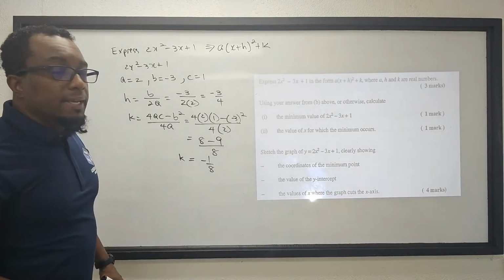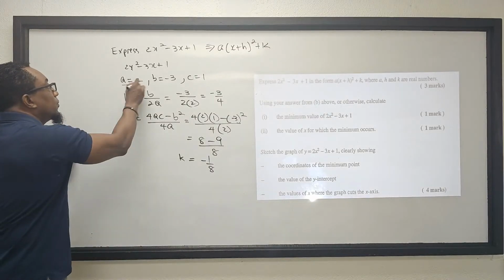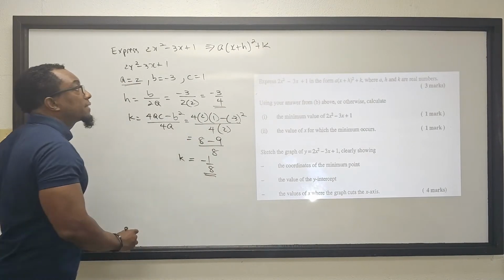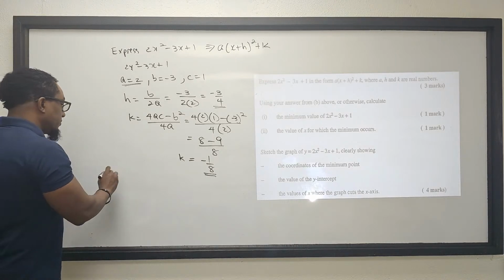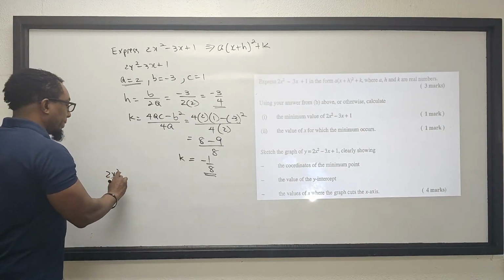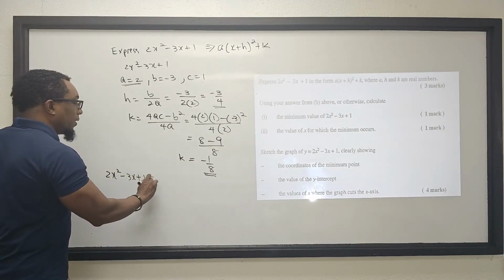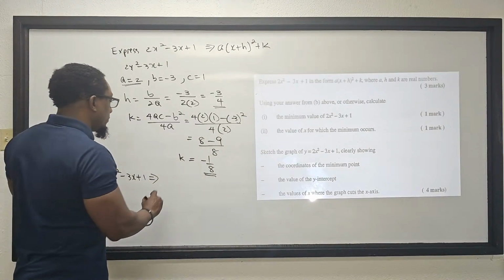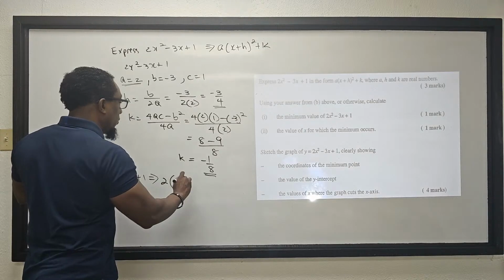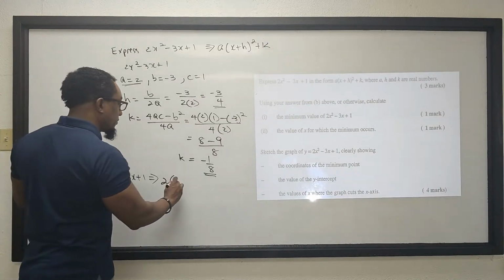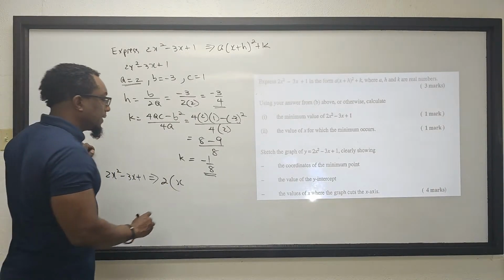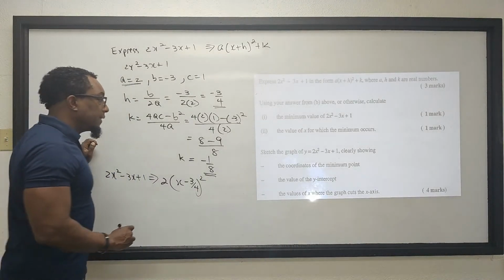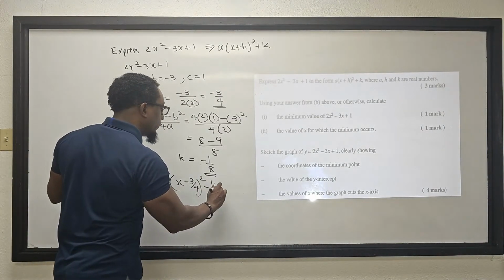So having found a, h, and k, knowing a is 2, h is negative 3 quarters, and k is negative 1 over 8, you can say 2x squared minus 3x plus 1 in the form will be 2 open brackets x, replacing h with negative 3 quarters, in brackets squared, and replacing k with negative 1 over 8.